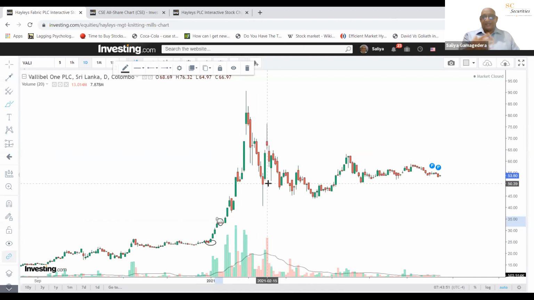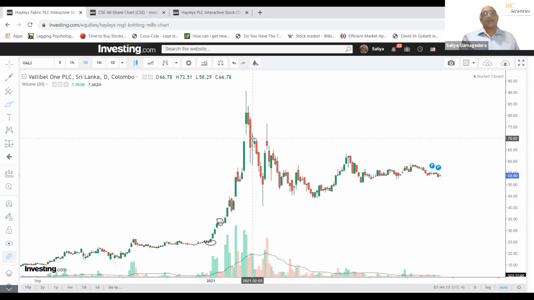Now, it is very easy to look at those V-shaped reversals by looking at the most easily recognizable candles. I'm going to take one of those recognizable candles and explain to you what a swing low and a swing high is all about, right?